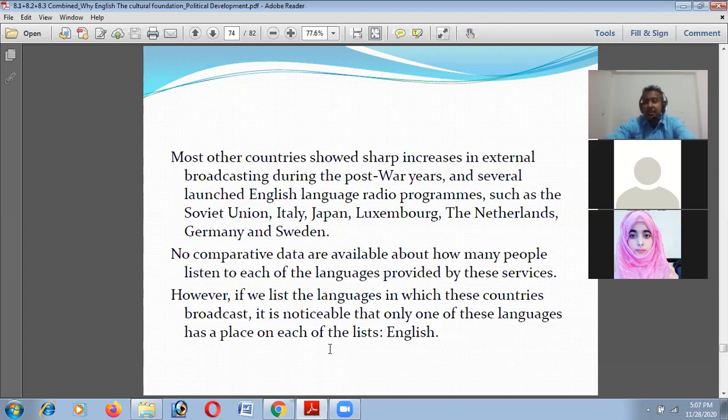For this reason, English has become the global language, not only because of political and economic power over the world.